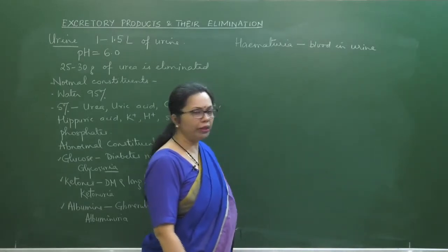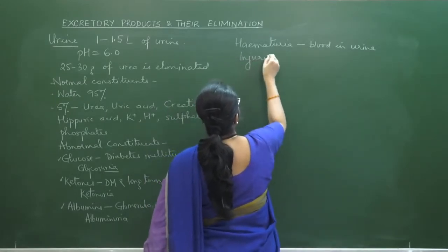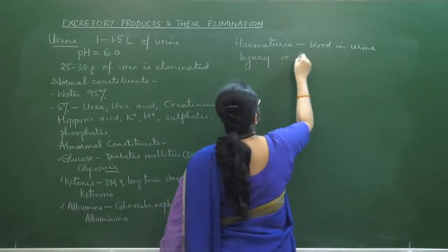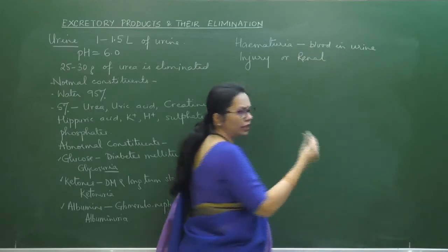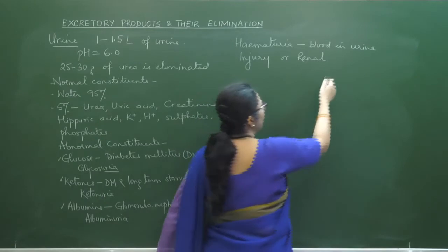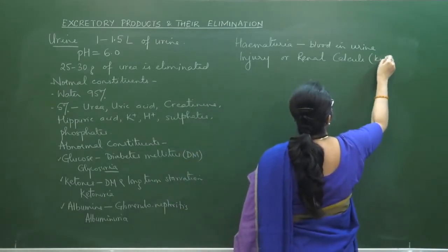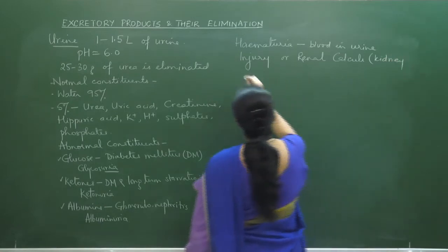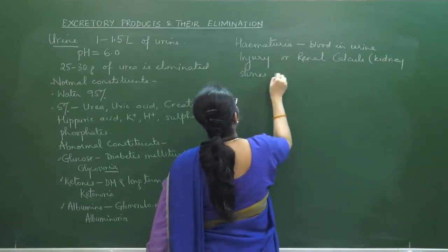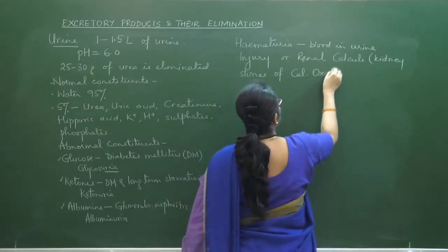And this can happen in case of injury to the kidney, or that injury could be internal, not an external injury, somebody hasn't beaten that person, but rather it is renal calculi. Renal calculi, these are kidney stones of calcium oxalates.